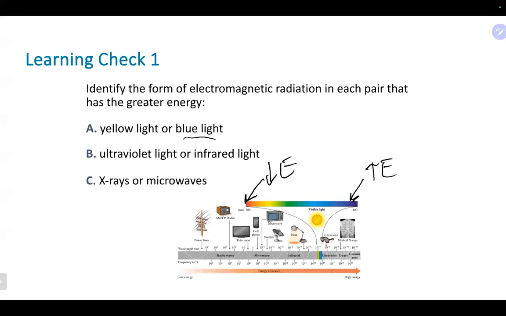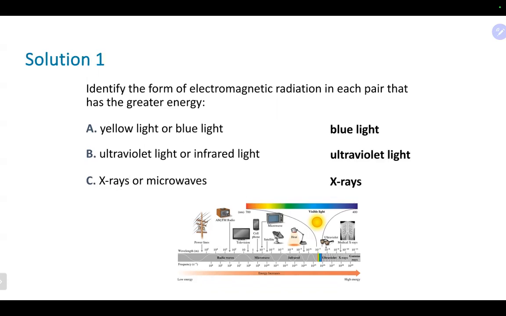Ultraviolet or infrared. UV actually has more energy associated with it. X-rays or microwaves, well, we don't really leave the room too much when we're microwaving. So I'm going to go with X-rays as the higher energy in that particular case. Any questions on those there?